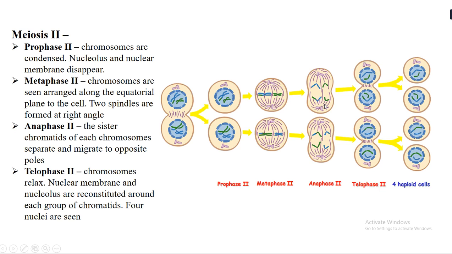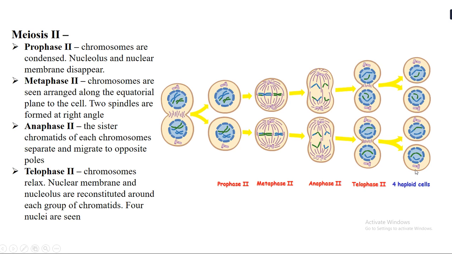And then this gives rise to the last phase of meiosis, that is telophase 2, where the chromosomes relax, the nuclear membrane and the nucleolus are reconstituted around each of the chromatids and 4 nuclei are seen. Then this gives rise to the 4 haploid cells, which are formed at the end of the telophase 2 stage.